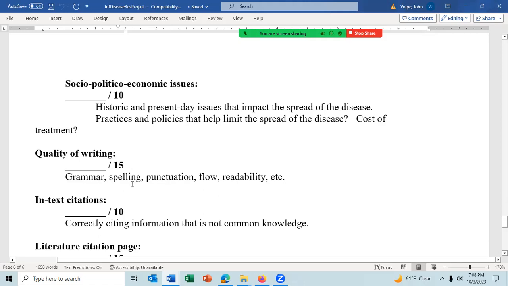If your grammar, spelling, punctuation, flow, and readability are good, you'll get 15 points. For in-text citations, if you use them appropriately for any information that's not common knowledge, and the in-text citations are in the correct format, you'll get 10 points.